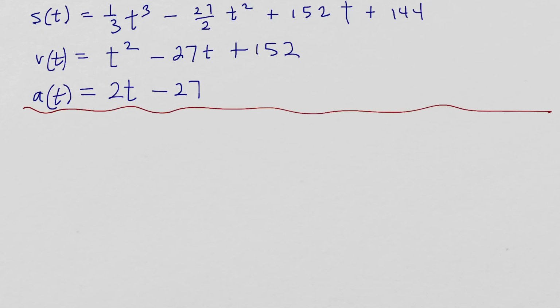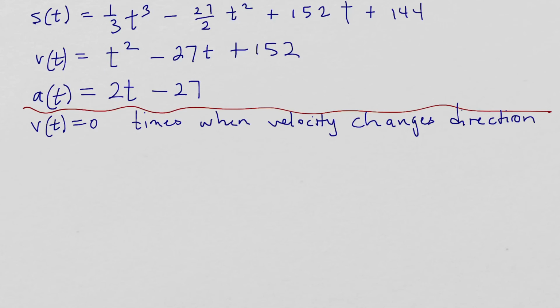Okay, the next thing we need to do when we're setting up a table of signs is we need to find V of t equal to 0, the times when the velocity switches directions. So V of t, t squared minus 27t plus 152 is equal to 0. So I went through and figured out that I can factor that.